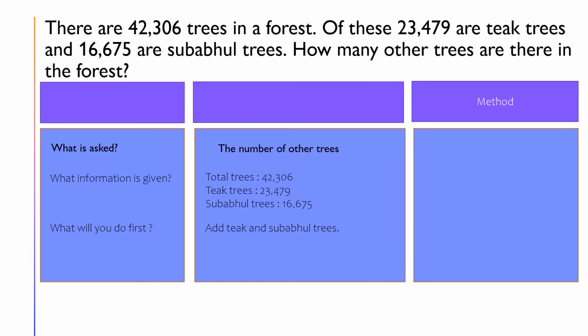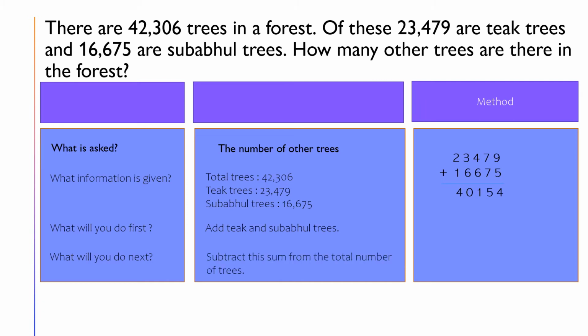So in the third column we will do addition. 23,479 plus 16,675. We will get the answer 40,154.